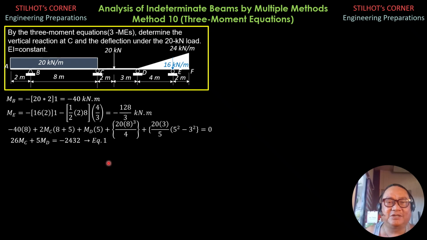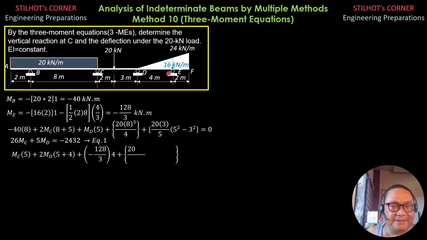Call this equation 1. Then we apply the three moment equation to portion CDE. So we have MC times 5 plus 2 times MD, quantity 5 plus 4, plus negative 128 over 3 times 4, plus 20 times 2 over 5, quantity 5 square minus 2 square, then plus 7 over 60 WL cube.